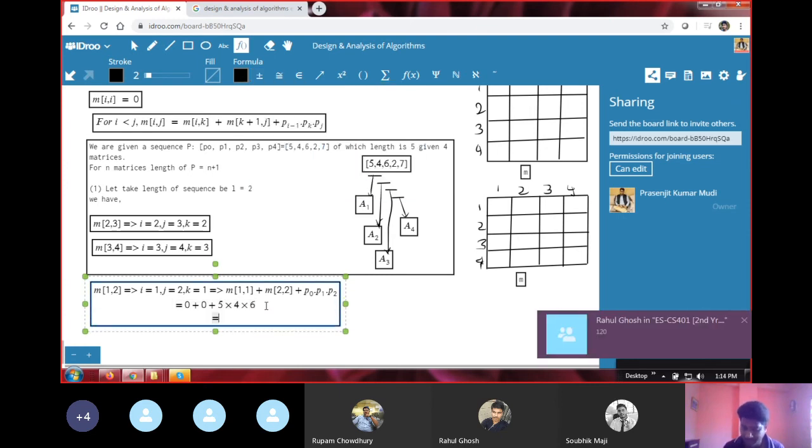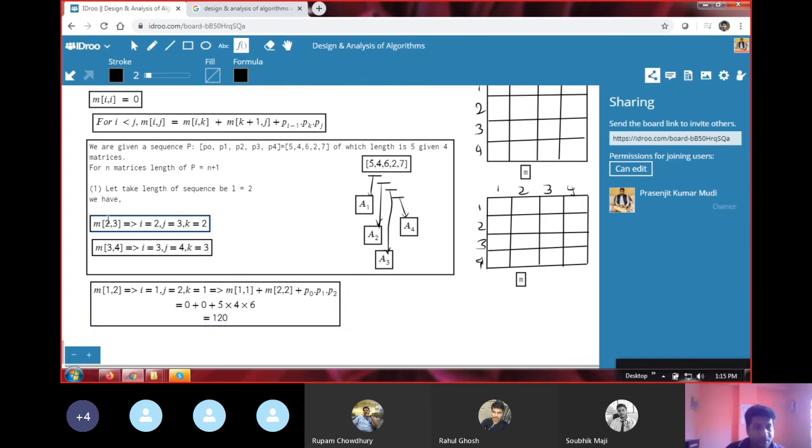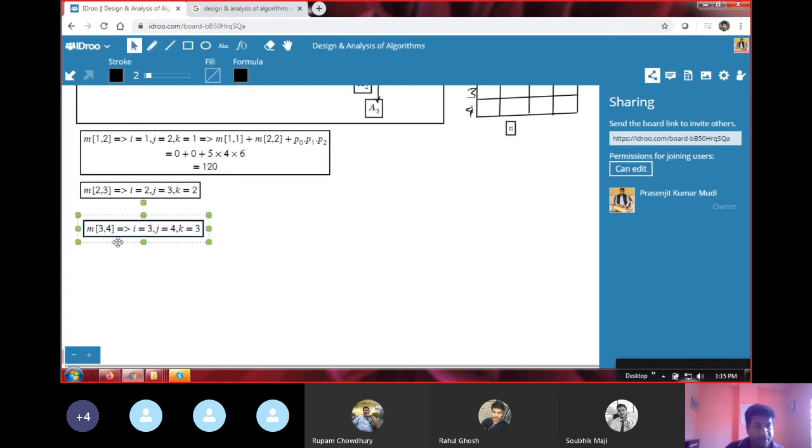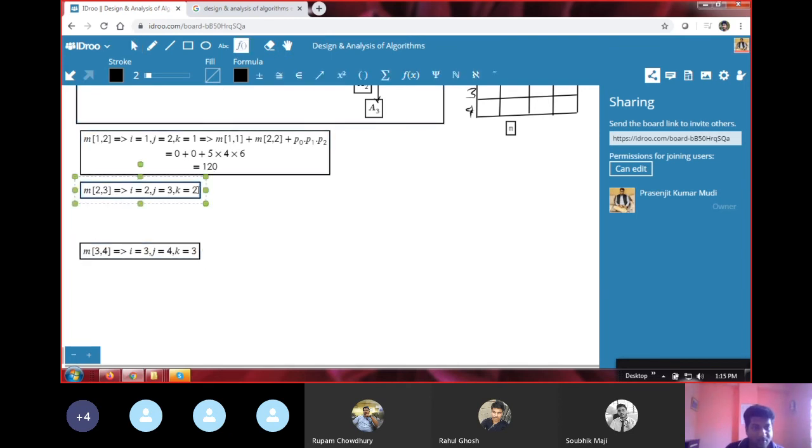So in the next line we have the answer 120. Similarly, you try to find out M23, and similarly you find out M34, and tell me what the answers are. Just expand this according to the formula.